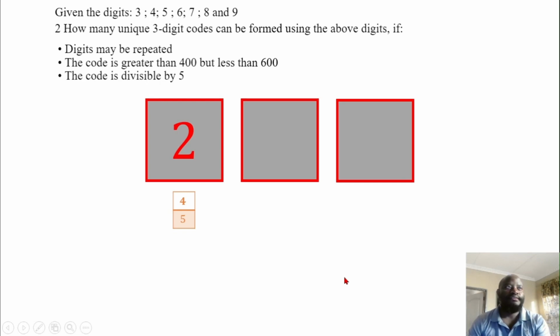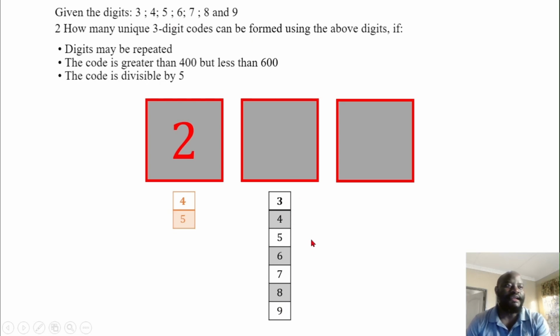Then now we come to this position. In this position, repetition is allowed, and it seems that all these digits are allowed here. So it means we will have a 7 here. So the middle number does not affect any of the conditions that we have.